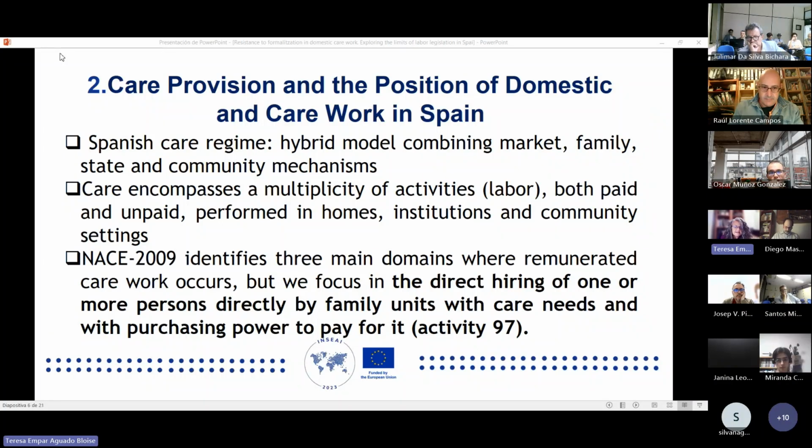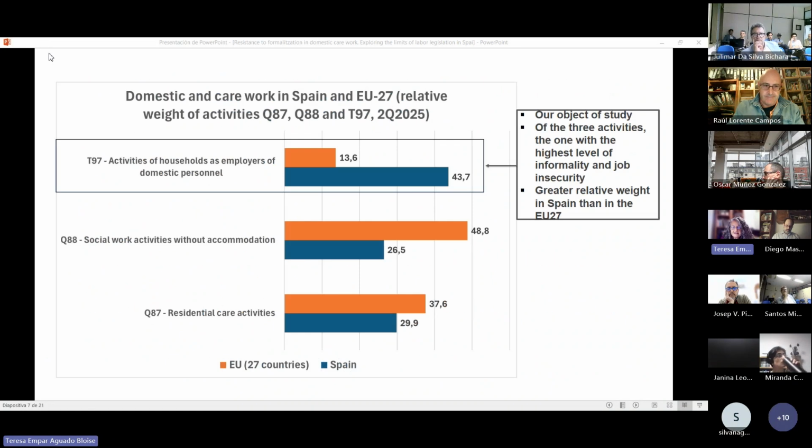Spain's care system is a hybrid regime where care is provided simultaneously by the state, the market, families, and the community. Within this system, the category known as the direct hiring of domestic workers by households plays a central role.